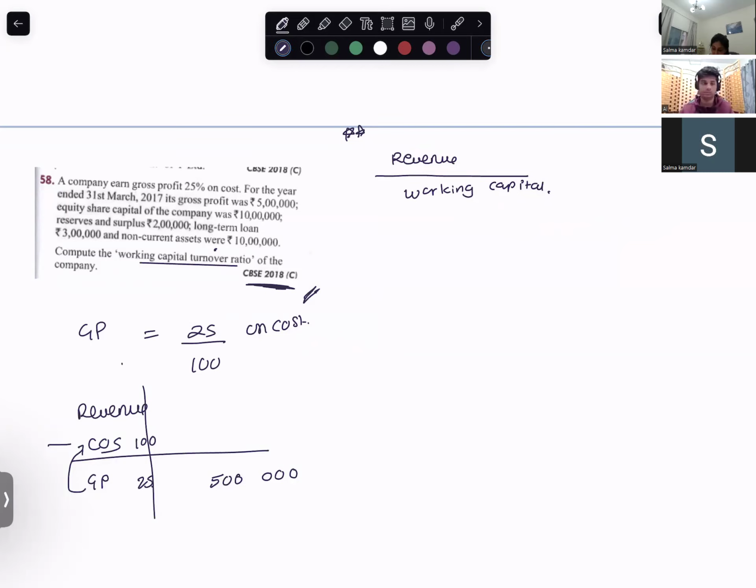So can you find the cost for me? 5 lakh cross multiplied into 100 divided by 25. 25 ones are 25 and 25 fours are 100. 5 fours are 20. So can I say my cost of sales is 20 lakh?